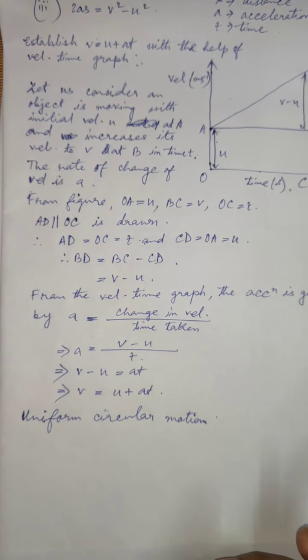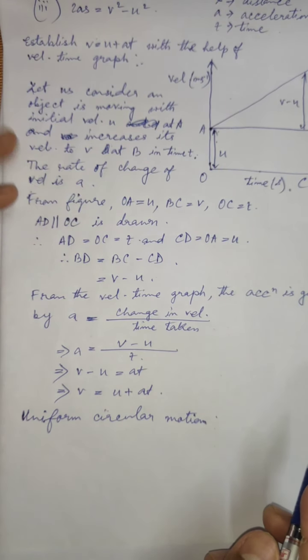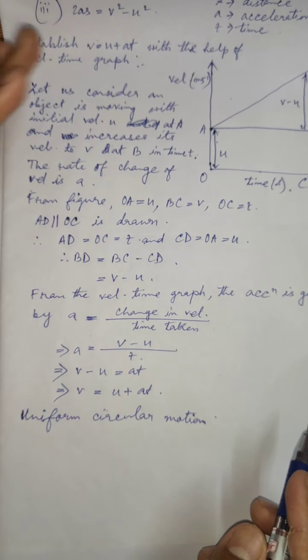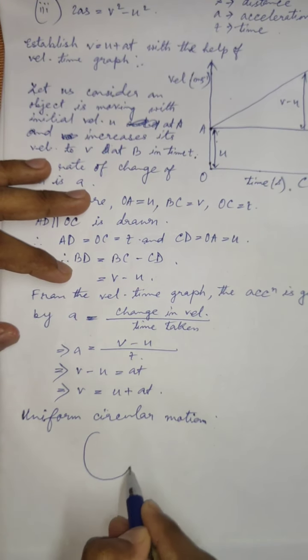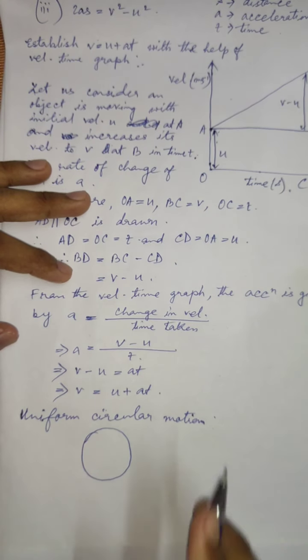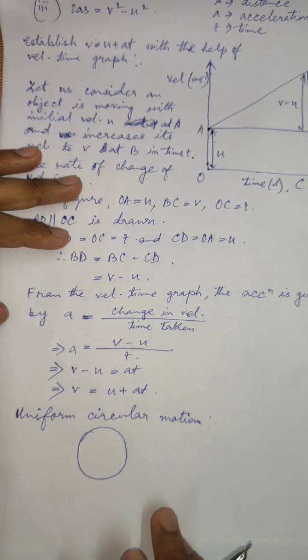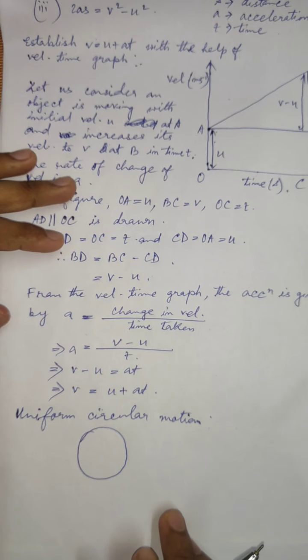Up to this point we have studied the motion of an object in a straight line, or linear motion. Now this is the case of motion of an object in a circular path.